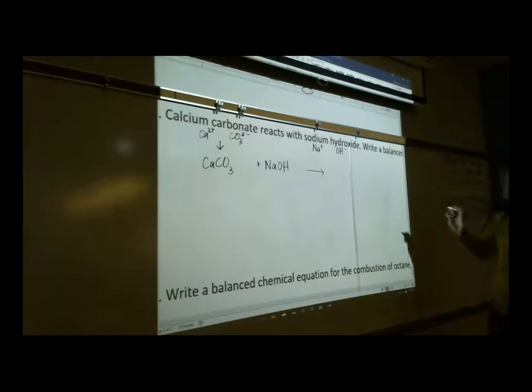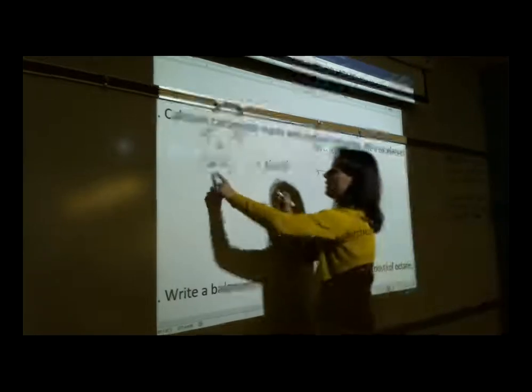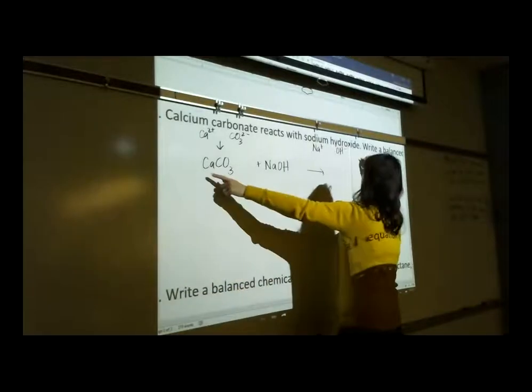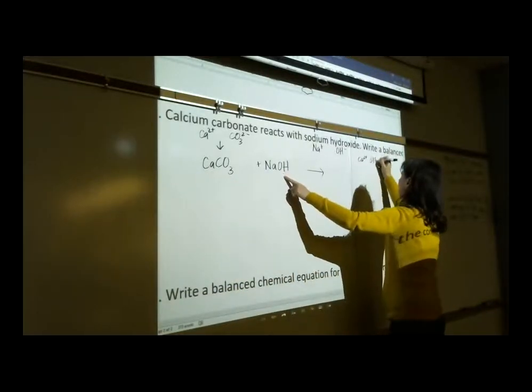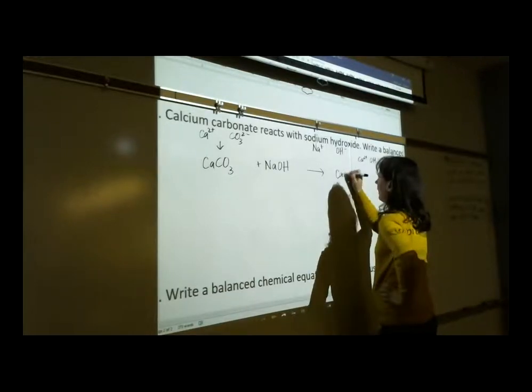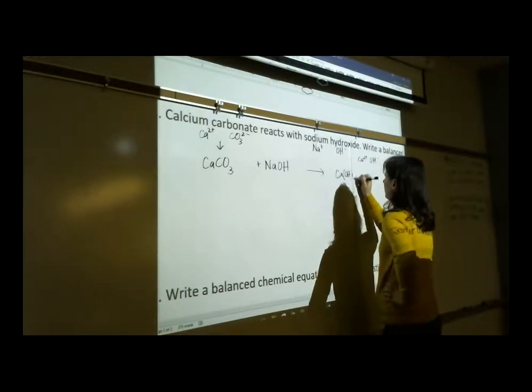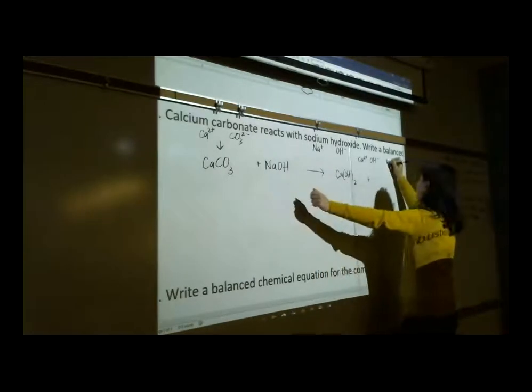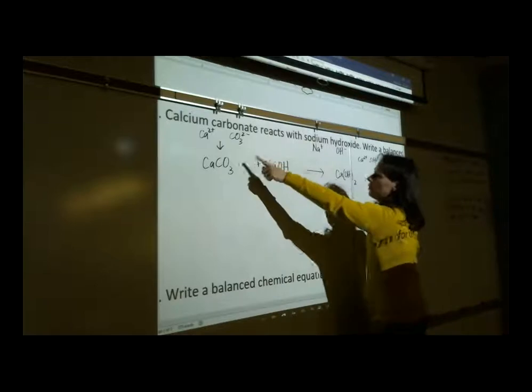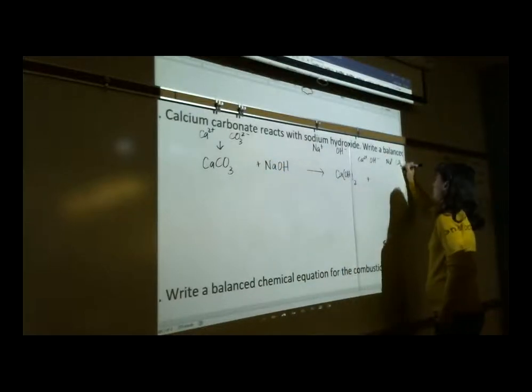Double displacement, right? So that means that calcium, Ca2+, is going to get with hydroxide. Right, so that gives me Ca(OH)2. And that means Na+ is going to get together with carbonate, CO3 2-.